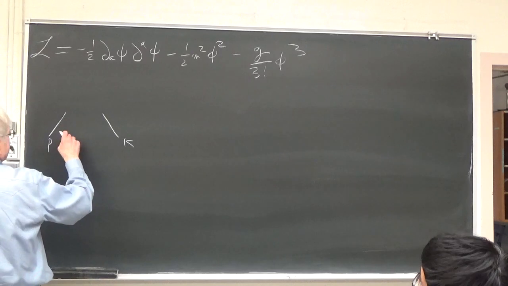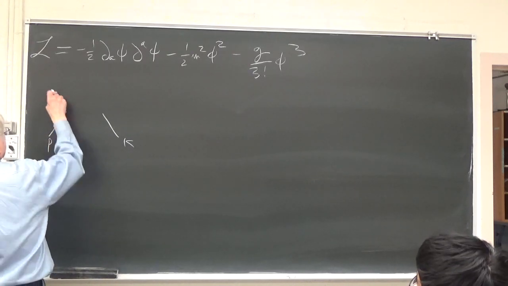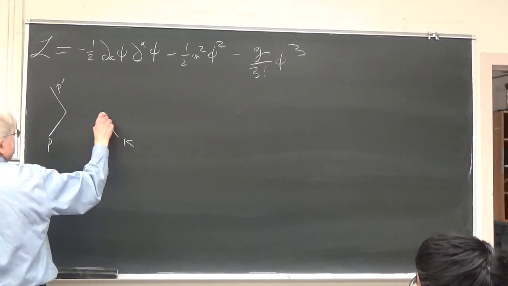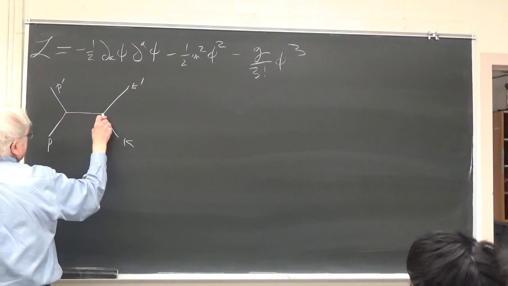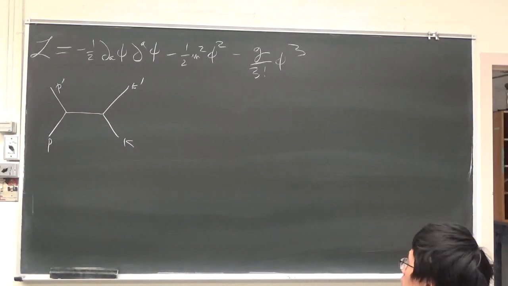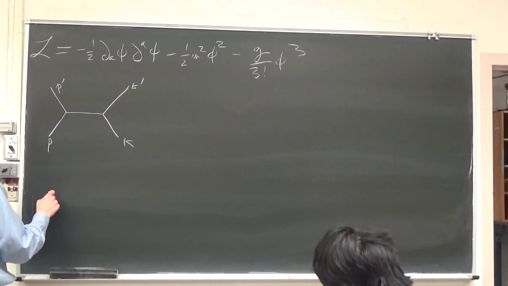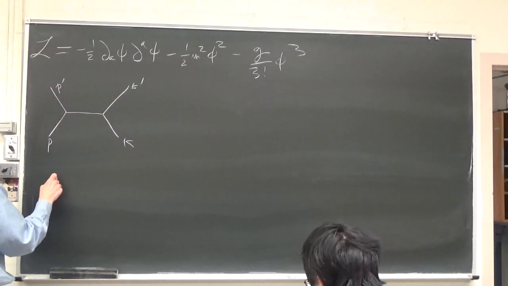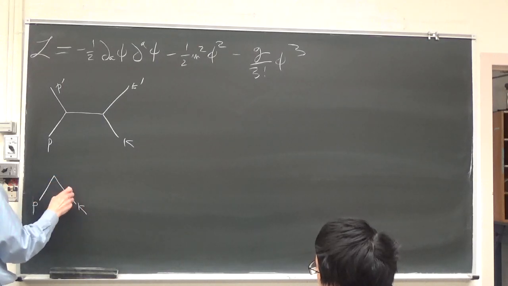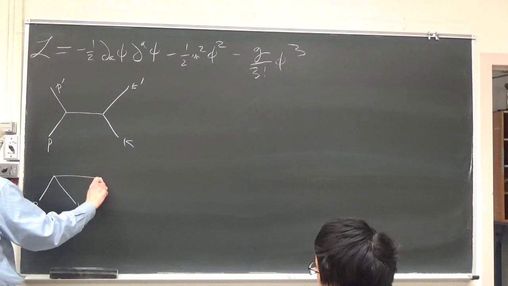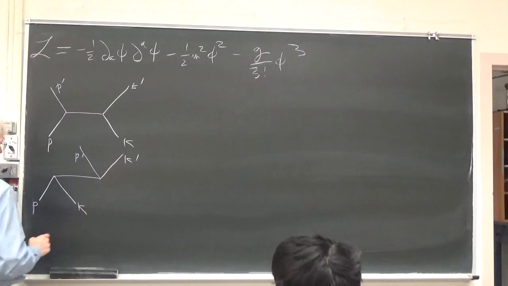So one thing that can happen is that at this vertex, p prime is emitted, k prime is emitted there, and then a boson goes across. Another possibility is that at this vertex, p and k are absorbed, and then something goes across and we have p prime and k prime.